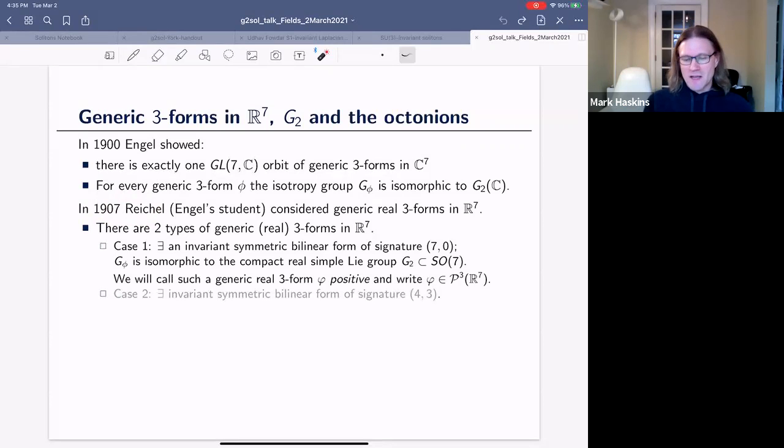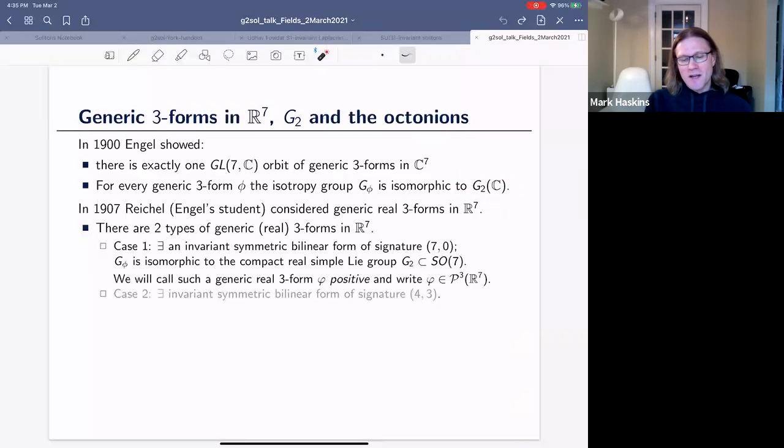If now you look at real 3 forms under the real general linear group, it turns out that there are 2 types of generic orbits. Those correspond to the fact that this complex Lie algebra has two different real forms, one of which is compact, the other non-compact. We'll be interested in the compact one.